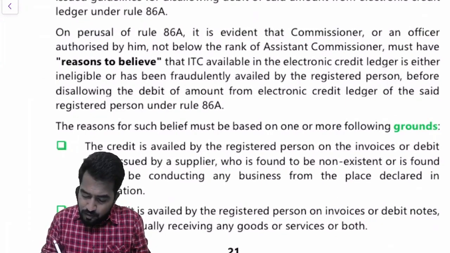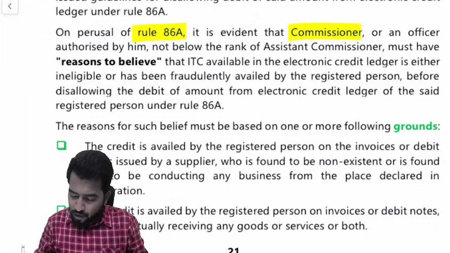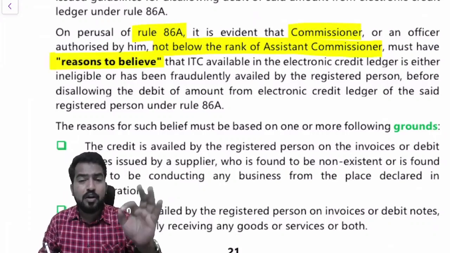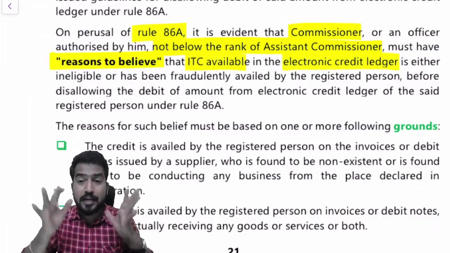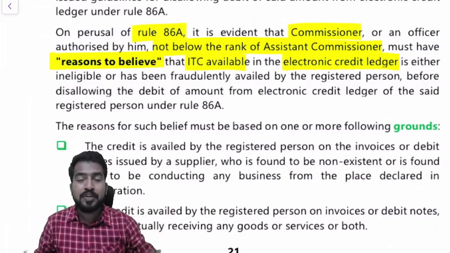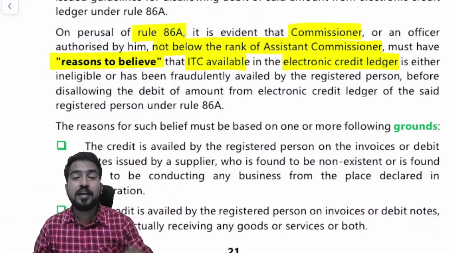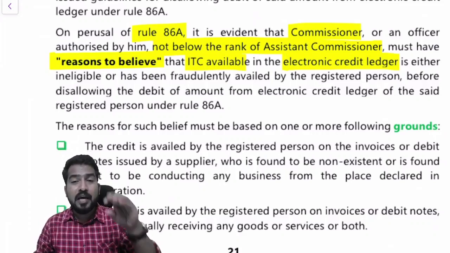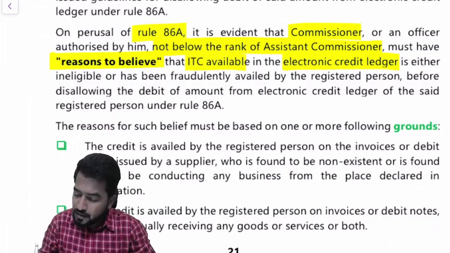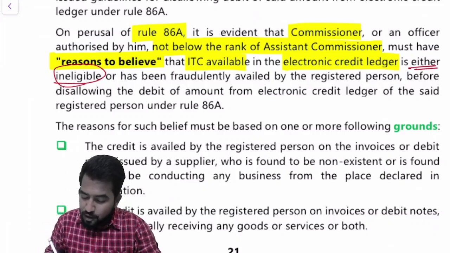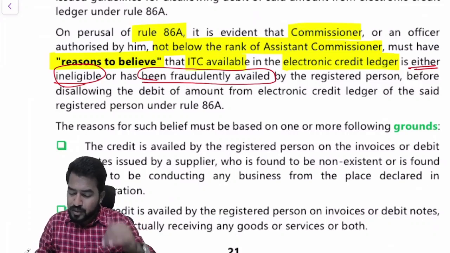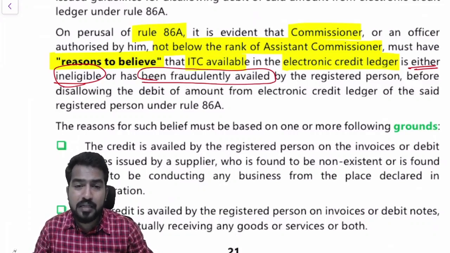As per Rule 86A, if the commissioner or any officer authorized by him, not below the rank of assistant commissioner, has reasons to believe that the ITC available in your e-credit ledger, obviously whatever ITC we are taking through filing GSTR 3B and seeing GSTR 2B, etc., some balance will be reflected in your e-credit ledger, is either ineligible or has been fraudulently availed, then they can disallow that credit to you, my dear friends.